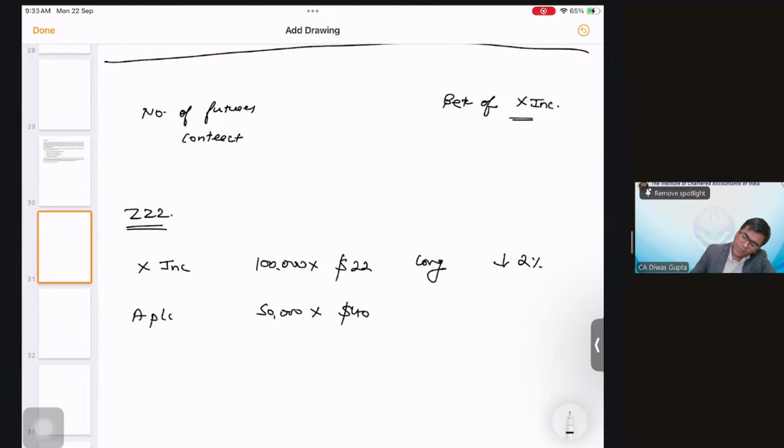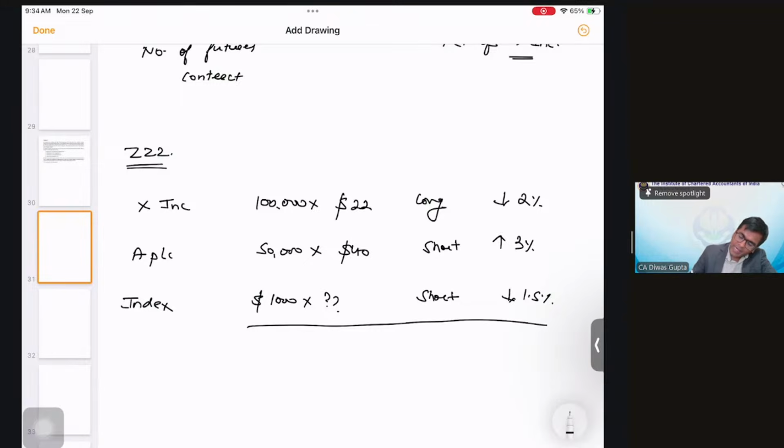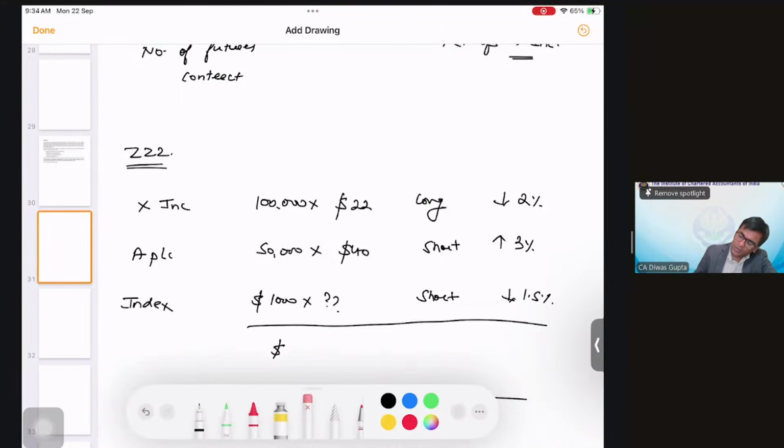It is a short position. The prices have moved up by 3%. And then finally, there is an index. 1000 is the lot size. There is a short position, but the prices have moved down by 1.5%. And in totality, there is a loss of $114,500. This is the total loss that has been incurred.